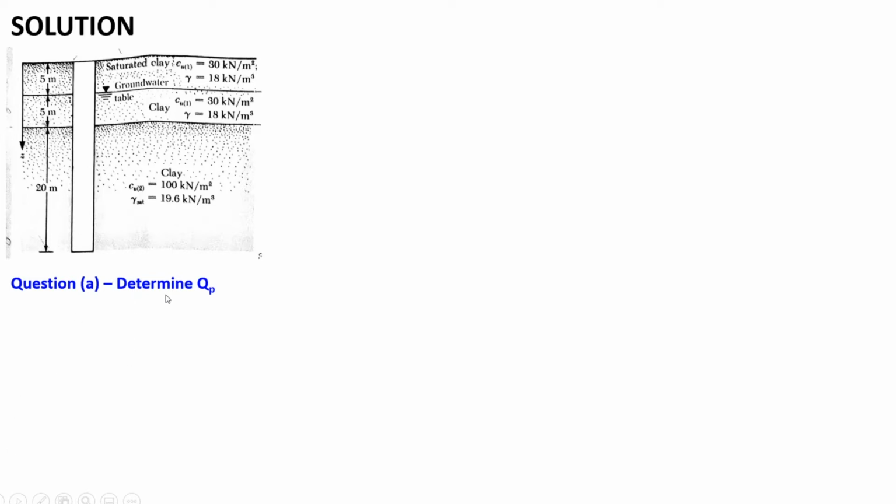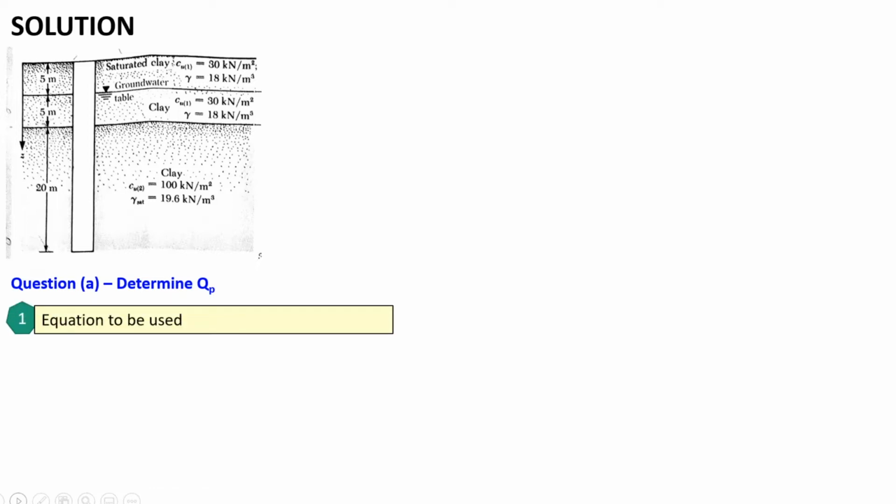In question A, we need to determine the Qp, so identify the equation that we need to use. Remember, for clay, Qp is equivalent to 9 Cu, the undrained cohesion, times the area of the pile tip.